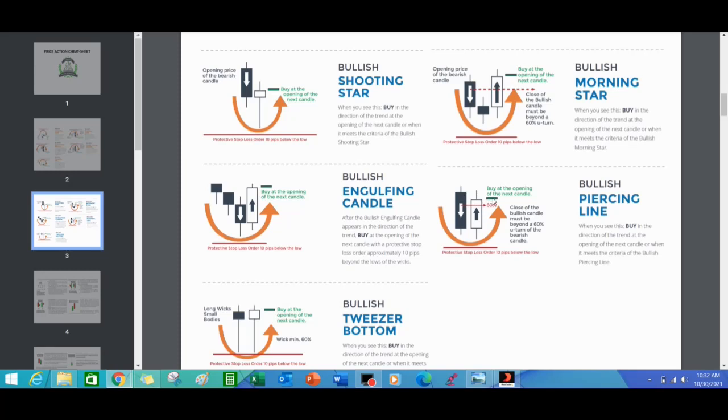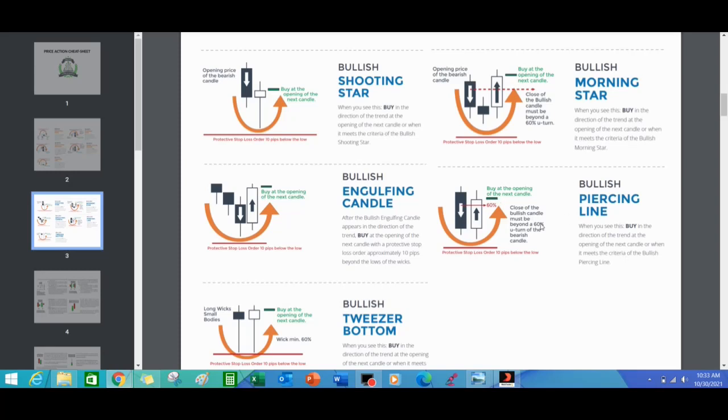So it means that the next candle after that should be a candle that goes on a bull trend. So it should be a buy trend at that particular point. That is a piercing line. So right here is where you should start buying, at this point.